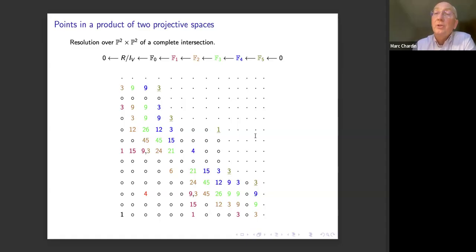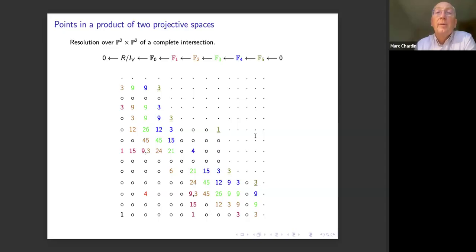Of course, when you pass to the next terms, you increase by 1. But you see that this red thing, 1, 15, 9, and the 3, have to appear in degree at least 6 and degree at most 3. One also sees, and that's a general phenomenon, that the last degree where things happen in one direction is obtained here at the second step.